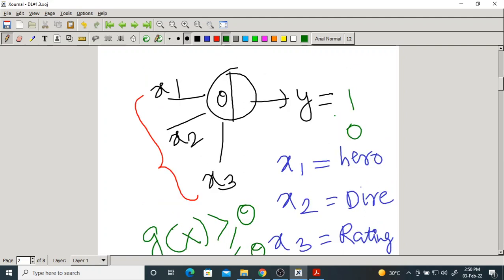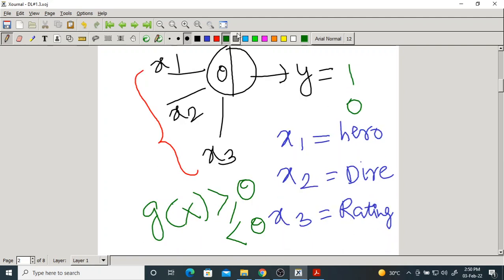But sometimes I want to give more importance to a hero or heroine. Which means I want to watch the movie of a particular hero. I don't bother about the director and rating of the movie. I don't bother about the remaining 2 inputs, x2, x3. They don't matter to me.